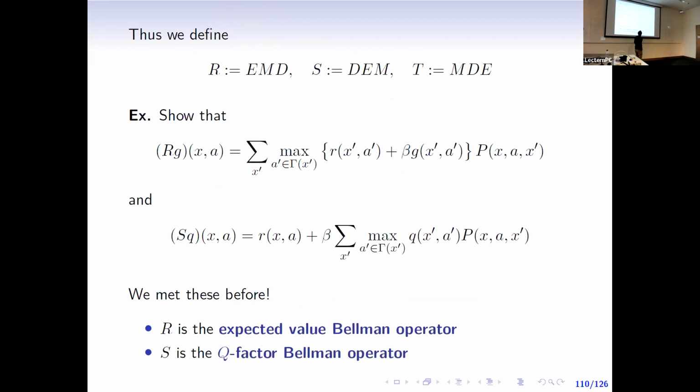And we're going to call one R, and one S, and one T. T is just the Bellman operator. And if you expand those out, they're exactly the operators that we were looking at before, the expected value operator and the Q factor Bellman operator. So these different operators are just round trips from different points.